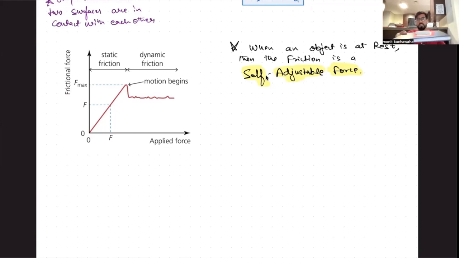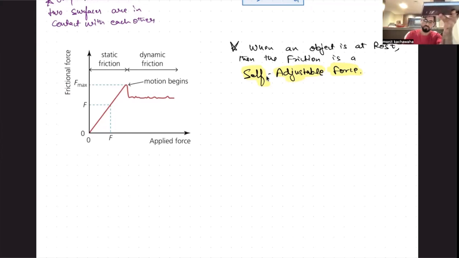Can you see the eraser on this? I'm inclining it, and it is not moving. So what is stopping this eraser from moving down? As I'm increasing the angle, the friction is also increasing, but there will be a point where, now you can see, it is moving. So it can oppose only up to a certain limit.